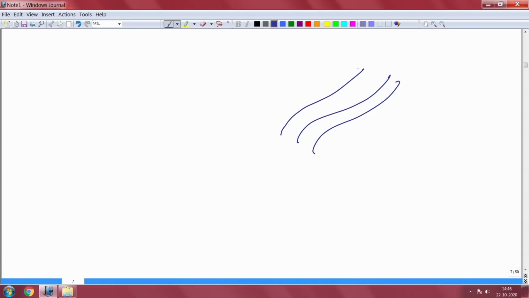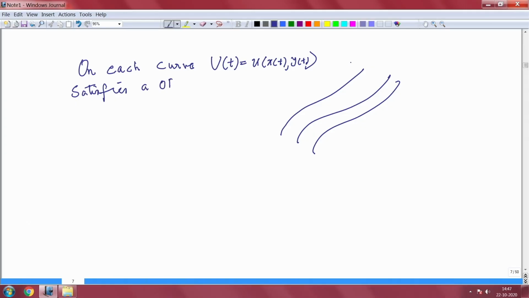On each of those curves you have your u, which is given by u(t) equal to u of (x(t), y(t)), and it satisfies an ODE. That is what you got, you see.